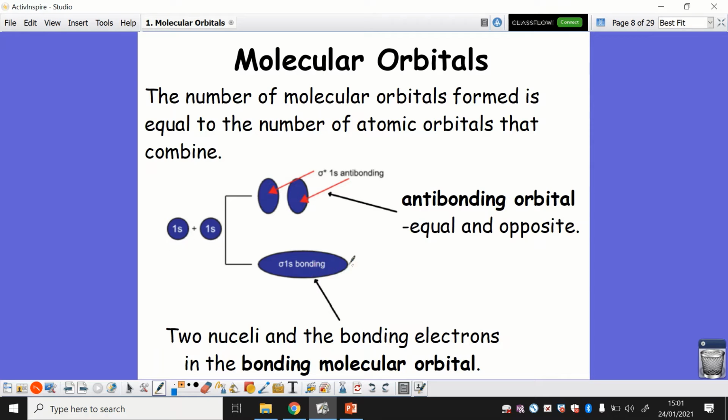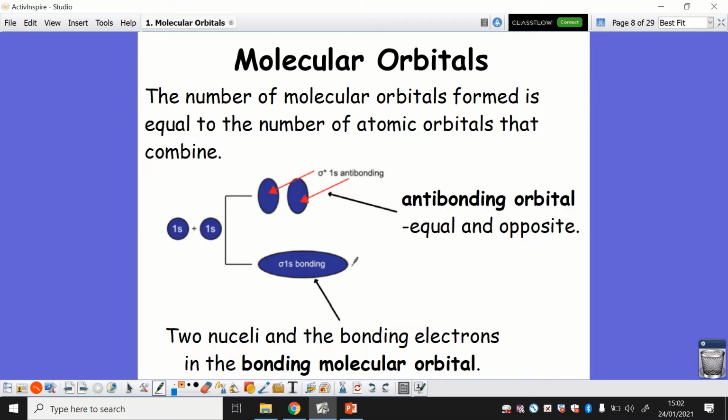So the two nuclei of the bond and the bonding electrons are found within this bonding molecular orbital, but at the same time there is an equal and opposite reaction to that, which is the formation of these anti-bonding orbitals. So this here represents the bonding between two orbitals. This would represent the dissociation. It sits at a much higher energy, as you'll see in the next slide, so it is harder to do in a sense, which is why we always see the bonding.